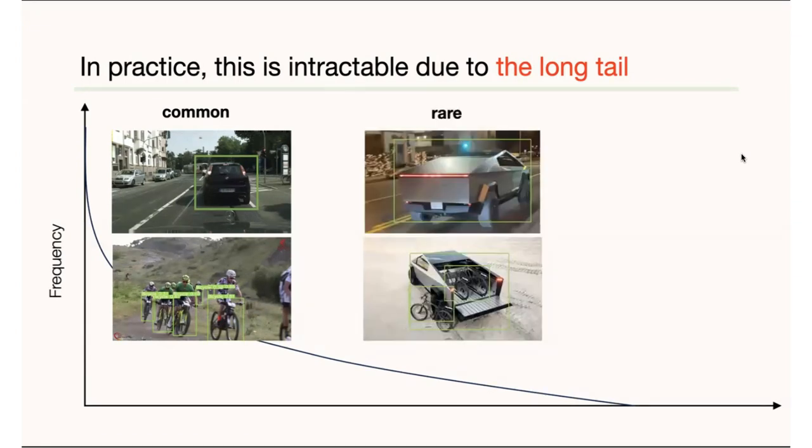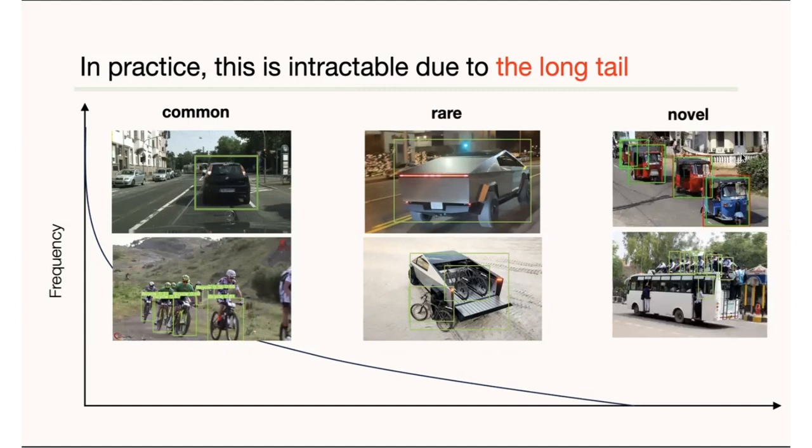But you may have fewer examples for rare subtypes of cars, like a Cybertruck, or maybe a rare composition of a bicycle in the back of a Cybertruck in the desert. And you might also have entirely novel concepts, like all of these rickshaws, or my personal favorite on the bottom, like all of these people sitting on top of a bus, which is, again, from the Indian driving dataset.